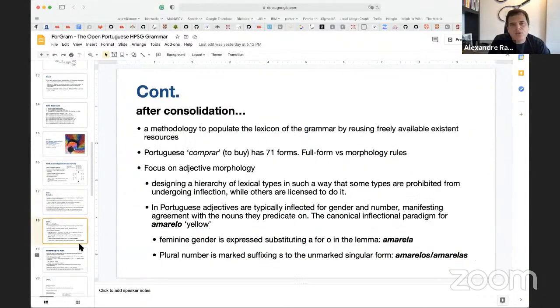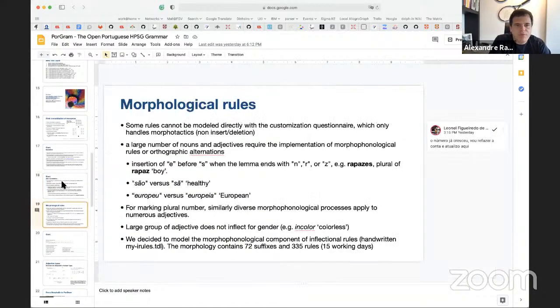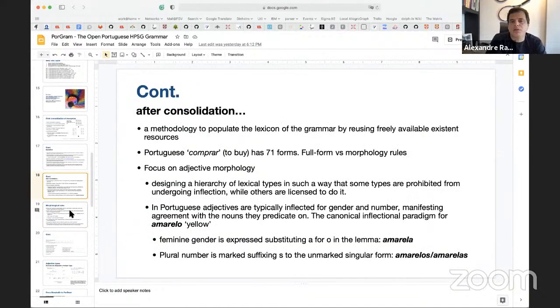So after we finish that consolidation, we use this dictionary to model our lexicon in the grammar, right? The idea is that we fill the form matrix and encode the hierarchy of the adjectives.